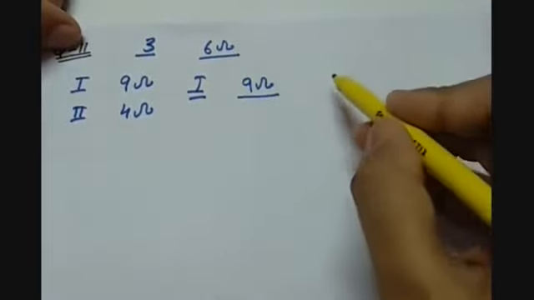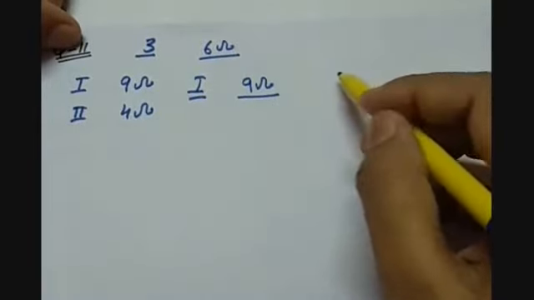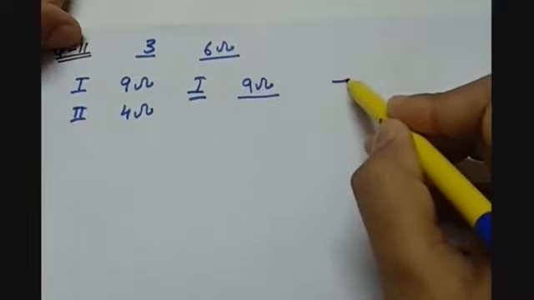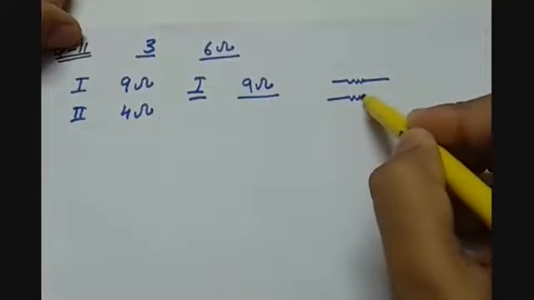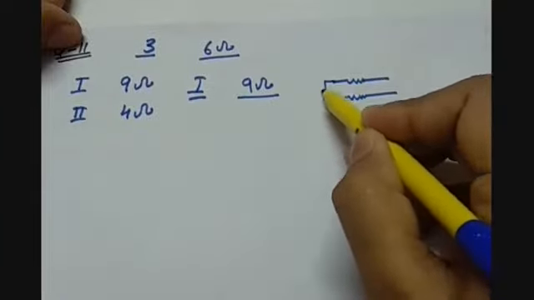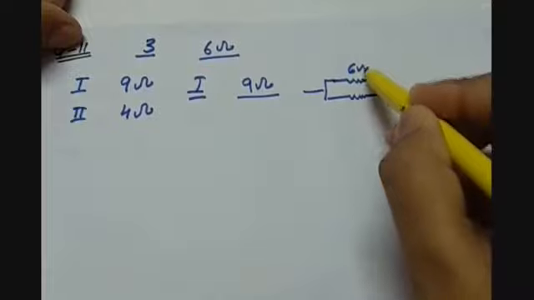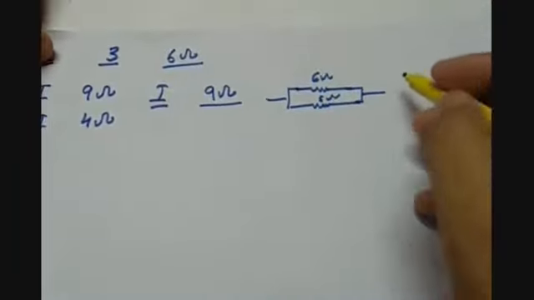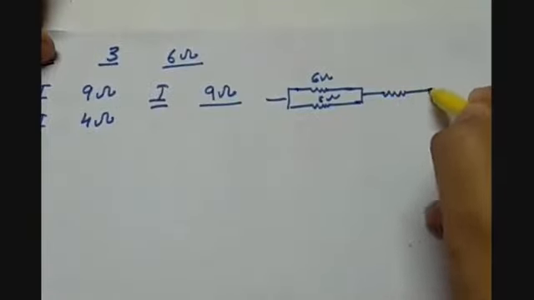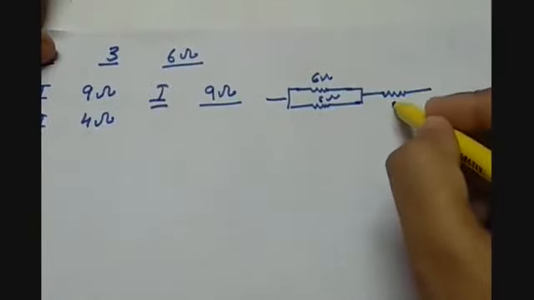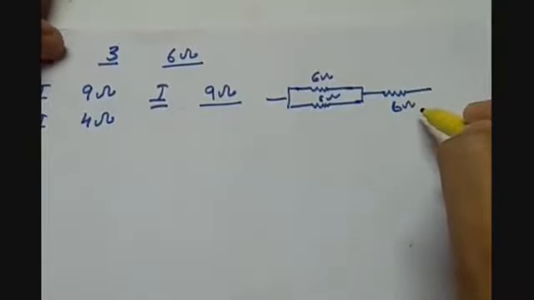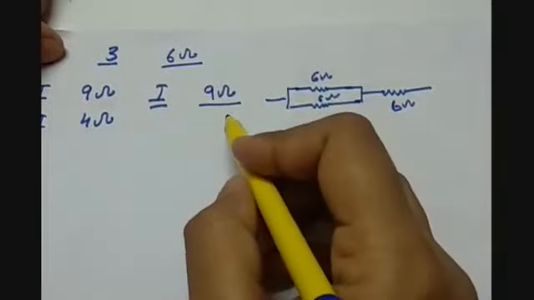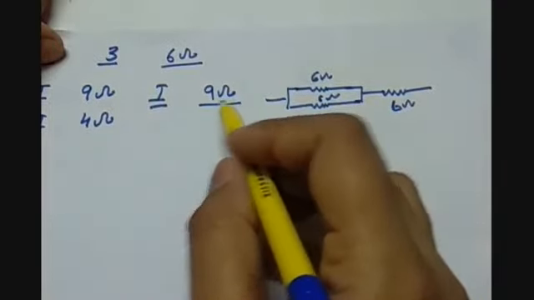So what we have to do, 2 resistors we should use in parallel, six ohm resistor each, and then with them 1 six ohm resistance should be used in series. So this is how we are going to connect the resistors, 2 in parallel and 1 in series, so that we can get the resistance of 9 ohm.